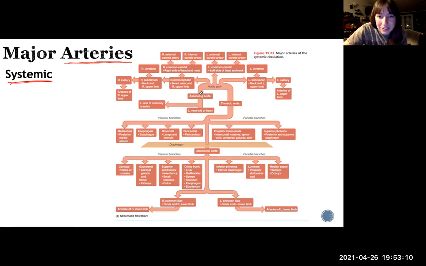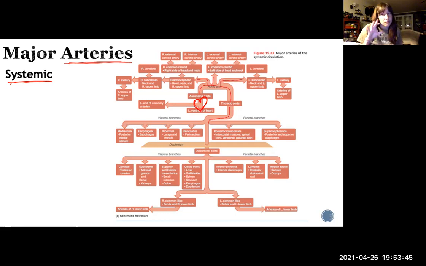The heart is here. Okay, so your heart is here. There's the left ventricle, the ascending aorta, the aortic arch. We're going to learn that. We're going to learn about the descending aorta. We're going to learn about the brachiocephalic artery, the left carotid, and the left subclavian.